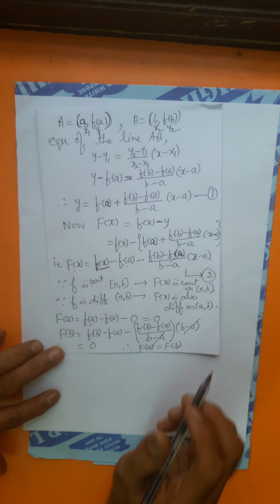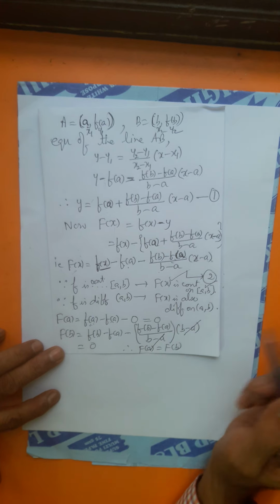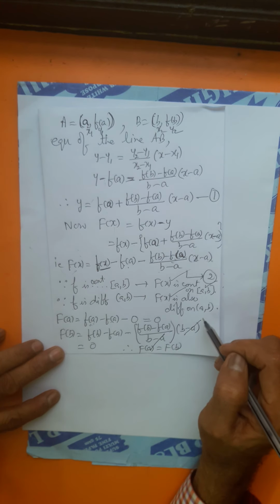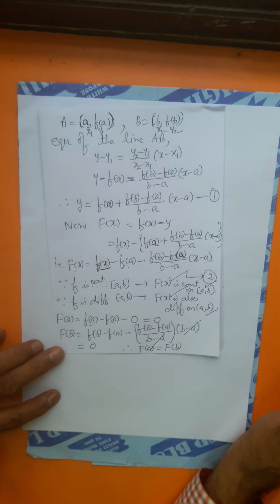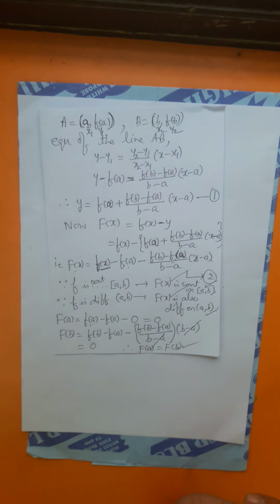What you are checking? You are checking that capital F is continuous in the closed interval. Capital F is differentiable on the open interval AB. Capital F of A equal to capital F of B. Fine. So you are checking all these things.